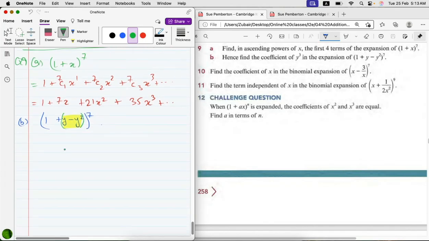So see closely, this is 1 plus 7 into (y minus y squared), I'm copying this, plus 21 into (y minus y squared) squared, plus 35 into (y minus y squared) cubed. That's how we'll get the coefficient of y cubed.